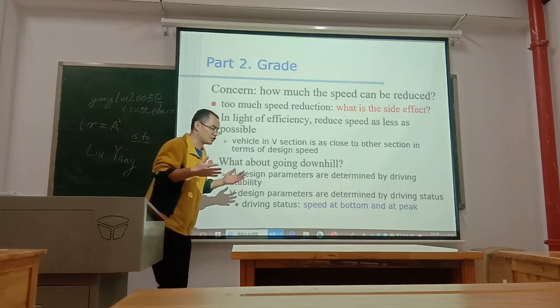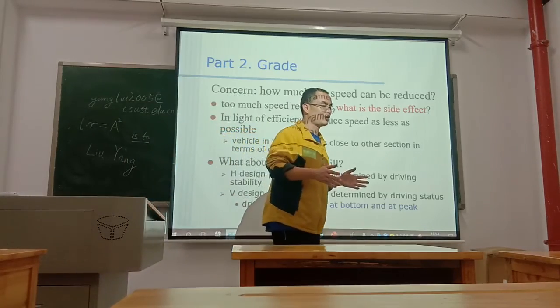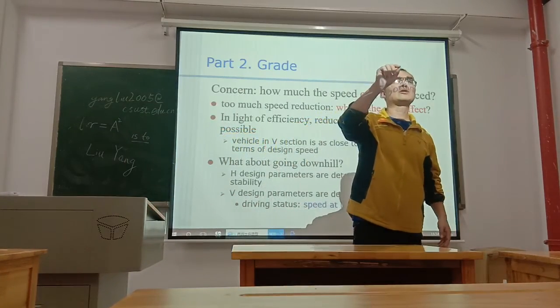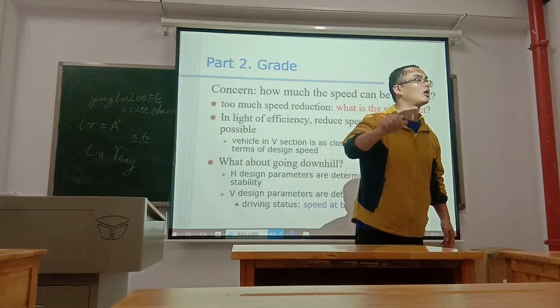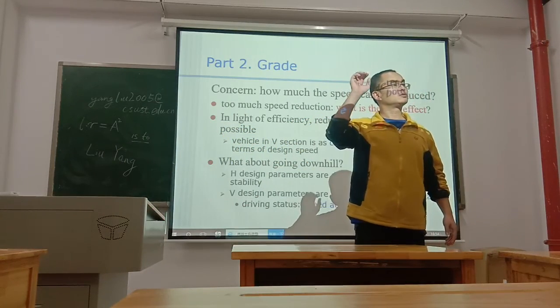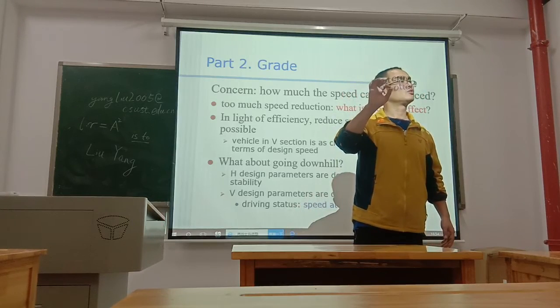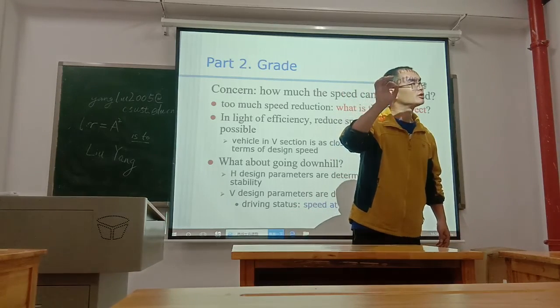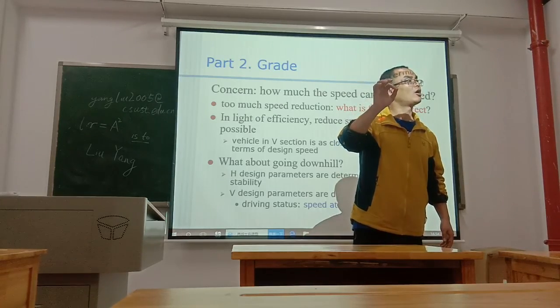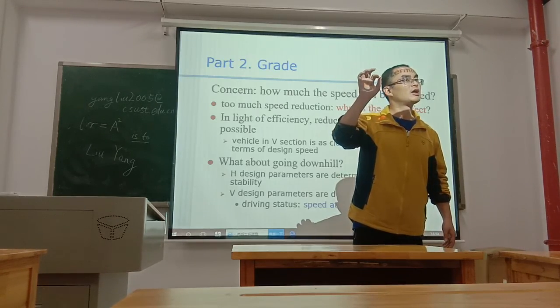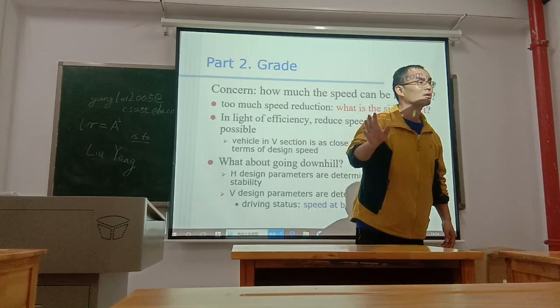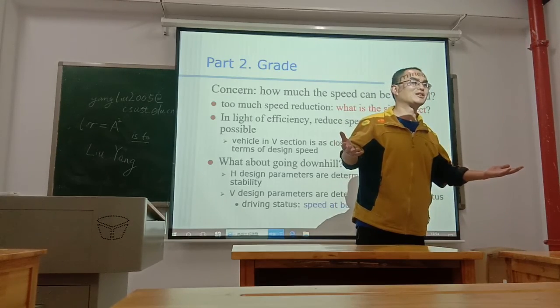If the design speed of the road is 100 kilometers per hour, but the heavy truck only runs at 60 kilometers per hour on the upgrade, what's the impact?